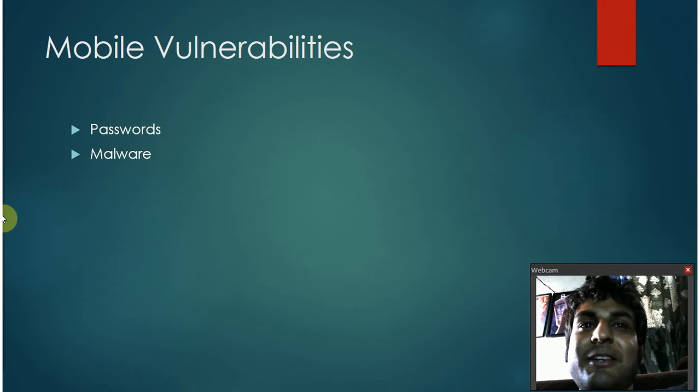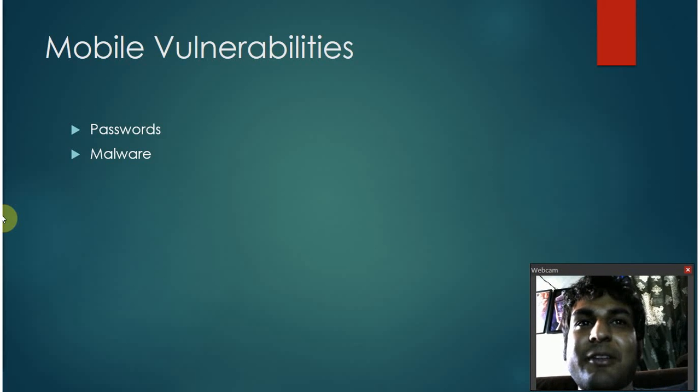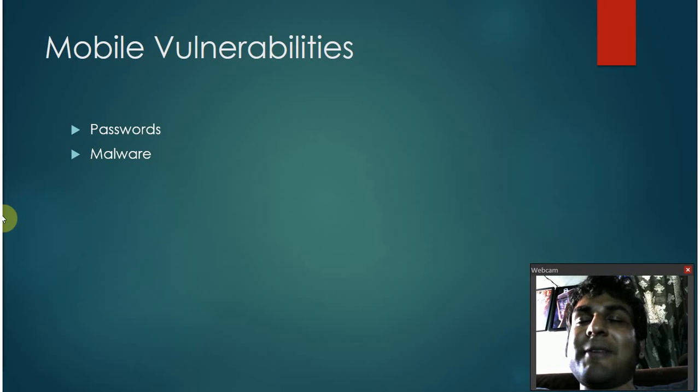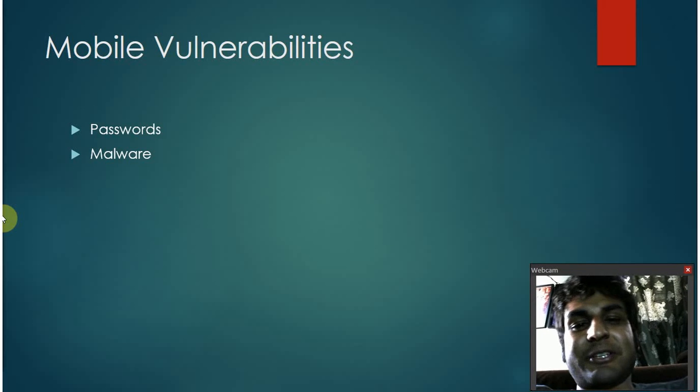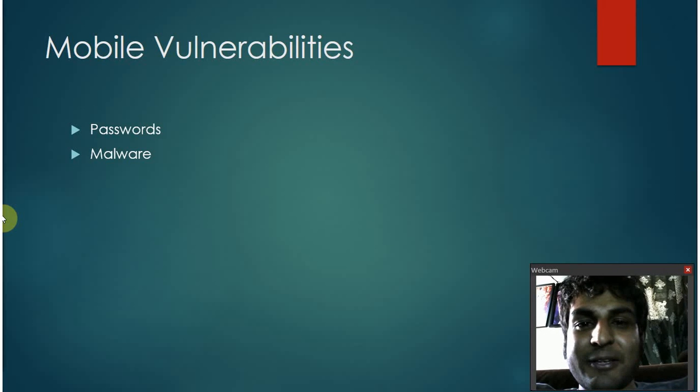So there are a lot of third-party apps out there, and people could easily have embedded them with some sort of malware that you obviously can't see, and the malware might lure some users to give up their information, type in their usernames and personal information.